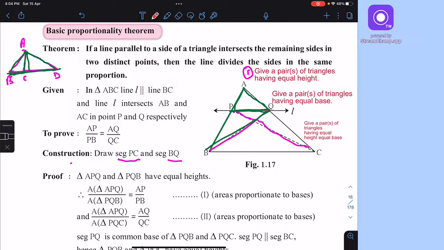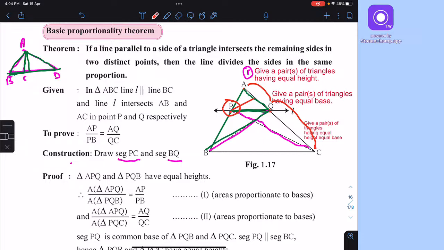Similarly, if you consider triangles APQ and PQC, you will find that the bases AQ and QC are on the same line and P is their common vertex, and therefore the perpendicular from P to this line will be their height for triangle APQ and for triangle QPC also.